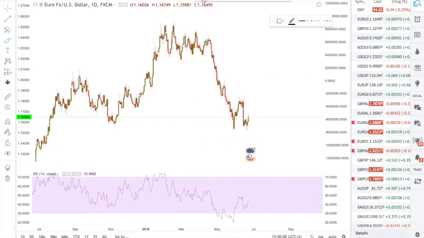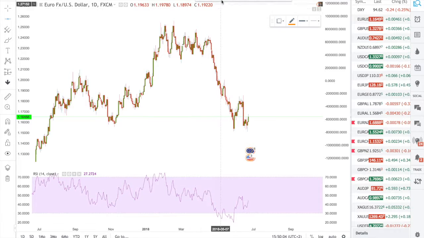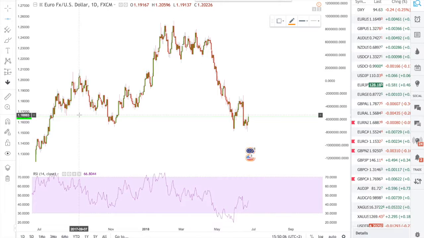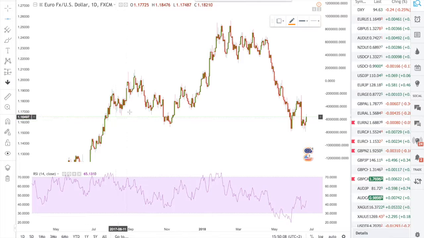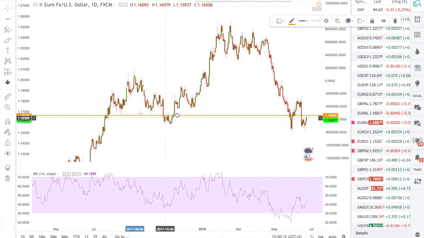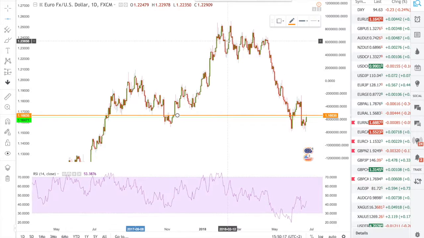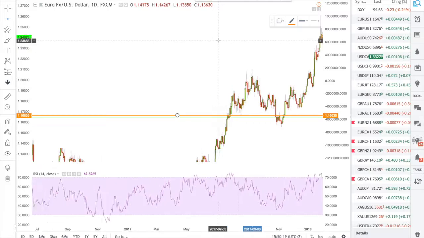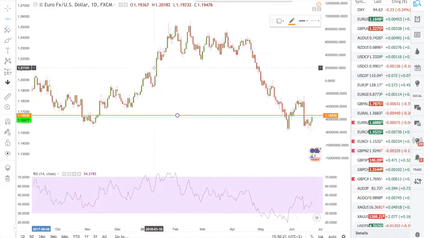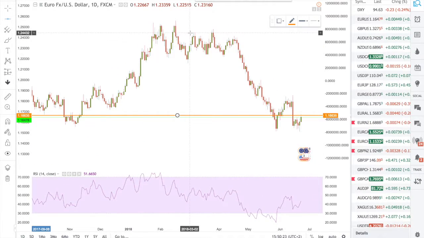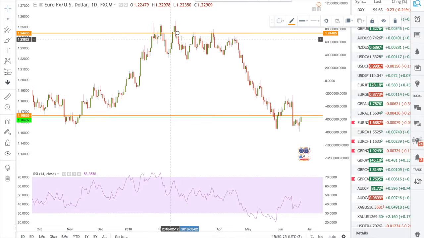If you go now through the tools, for example, trend line and horizontal line, you can try to select some resistance and support lines. Here you have a support line, for example, and this is a resistance line.